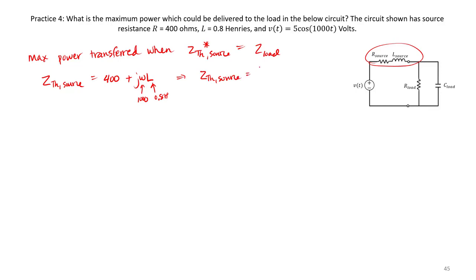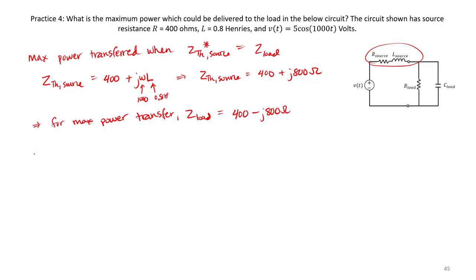So the Thevenin impedance of our source is 400 plus j800 ohms. So for max power transfer, our load must have the impedance 400 minus j800 ohms.